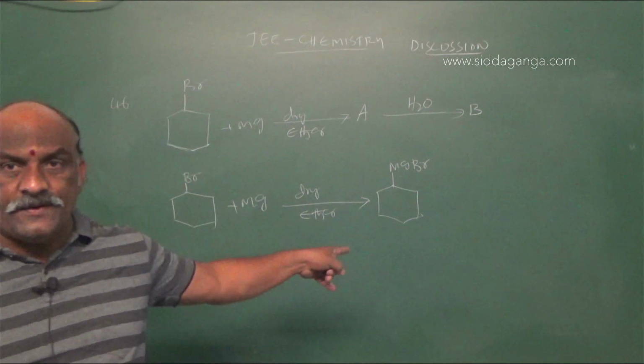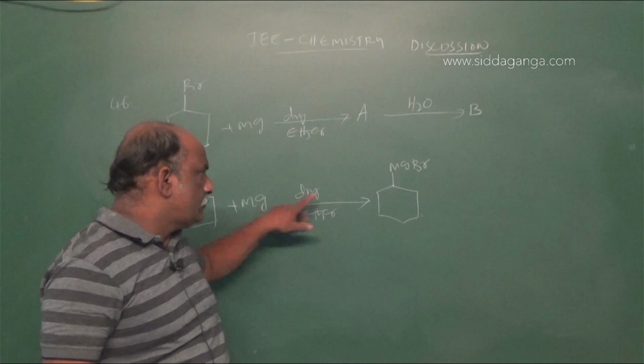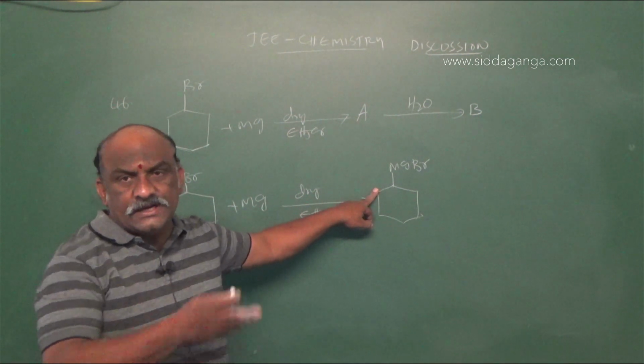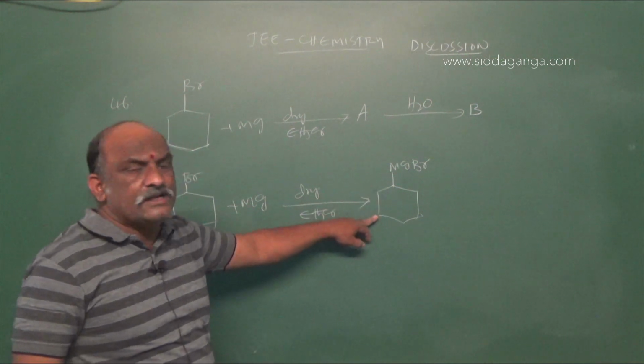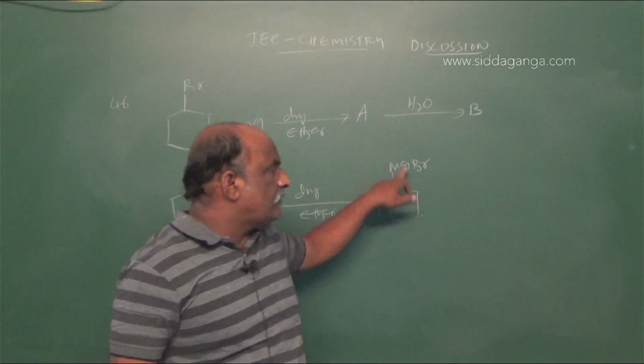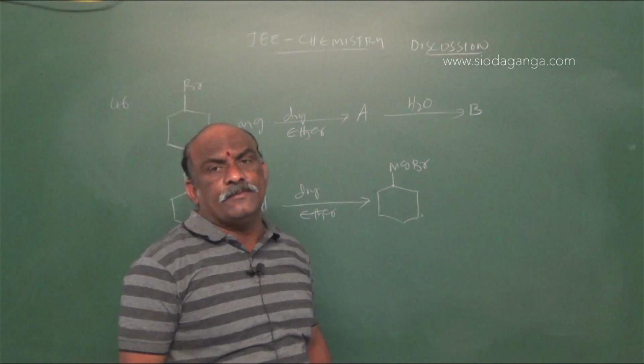So this is A. You should go with the Grignard reagent, RMgX, alkyl magnesium halide, but here it is cyclohexyl magnesium halide. So magnesium combined with bromine gives MgBr on the cyclic ring.